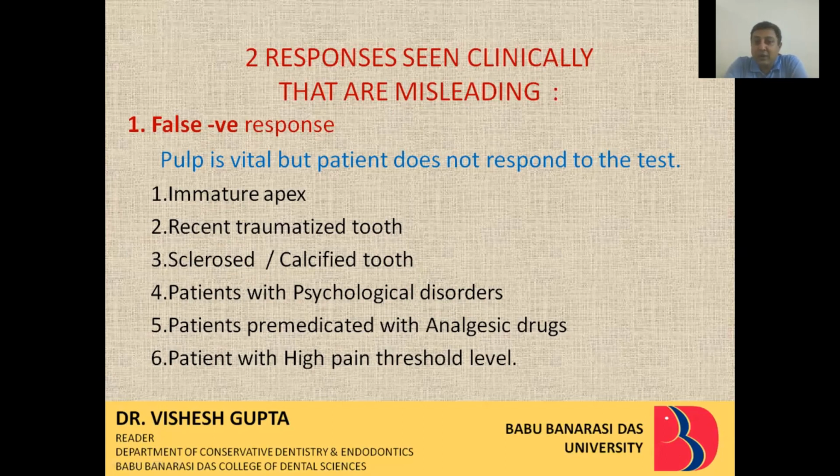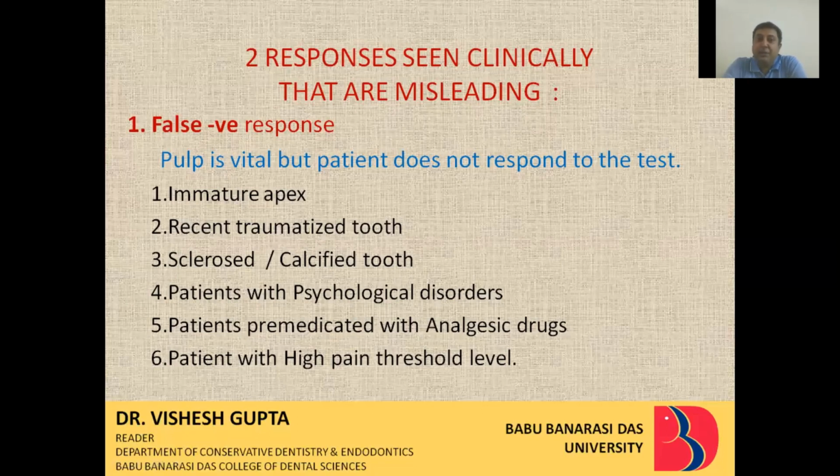What are the conditions that give this false negative response? First of all, immature apex, where the apex is not fully formed. Second is a recently traumatized tooth, where a patient has met a trauma or accident and has come to the OPD for a pulp vitality test. In that case, it will always give a false negative response. Third, if a tooth has sclerosis or calcification.